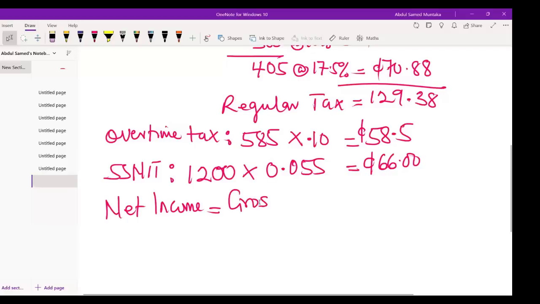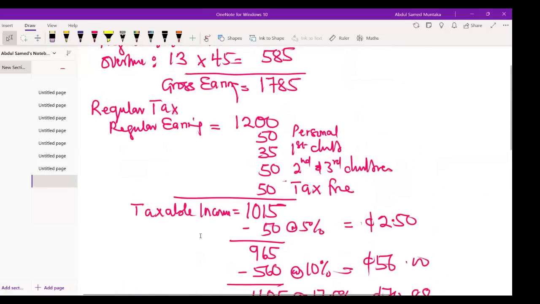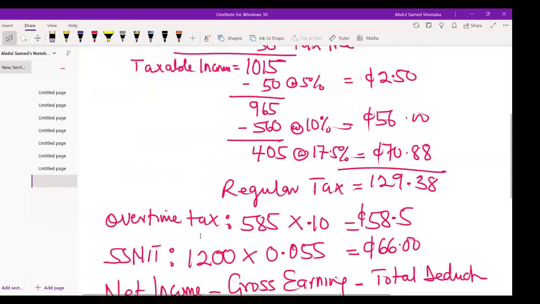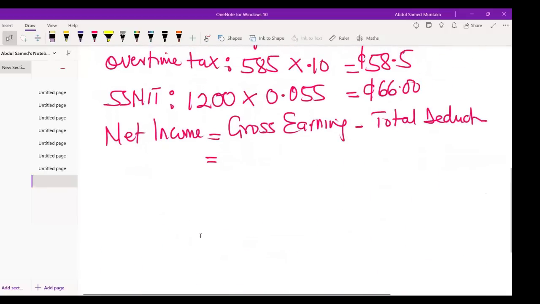Gross earning minus all deductions, total deduction. Our gross earning was what? This is our gross earning, 1,785.